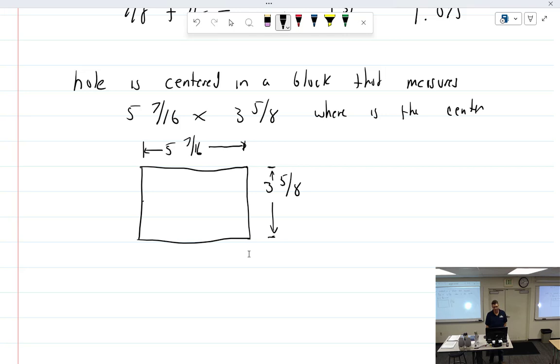First, I have to figure out where the center is here, then the center here. How do you suggest we do that? Divide each side by 2. Well, let's see what happens. So 3 5/8. We're going to use our calculator again, the ABC button.